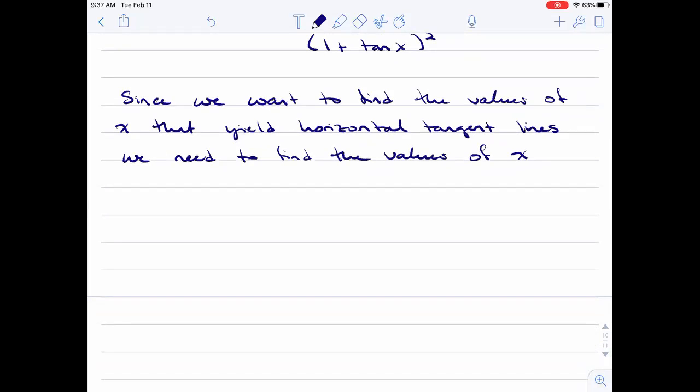Because horizontal tangent line is a derivative equal to 0. So we need to find the values of x that make the derivative equal to 0.